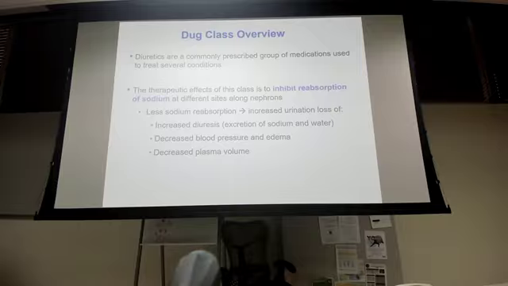Basically, the underlying therapeutic principle of this lecture, for all the diuretics with some caveats, is what? That they inhibit sodium reabsorption. So if it's not being reabsorbed into the blood, where's it going? It's being excreted from your body by the kidneys. That's the main effect, right?